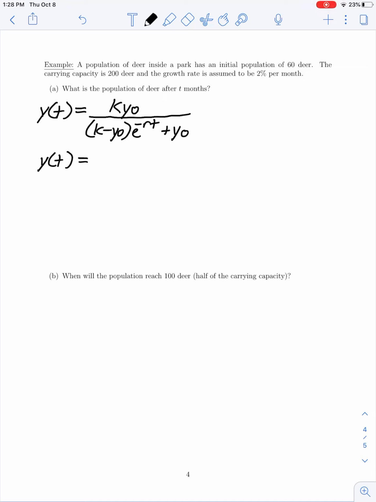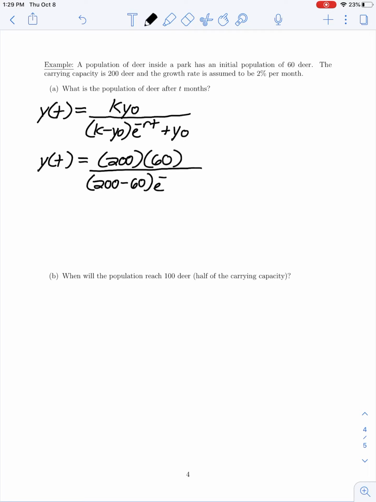So k was our carrying capacity, which we're told in the problem is 200 deer, times the initial population, y naught, which was given as 60. And then we are dividing by k minus y naught, so that is 200 minus 60, times e to the negative r times t.